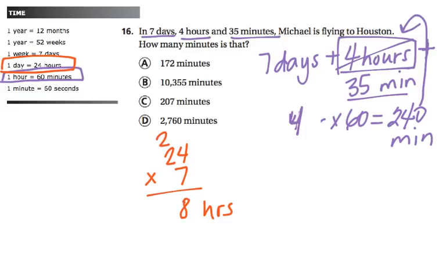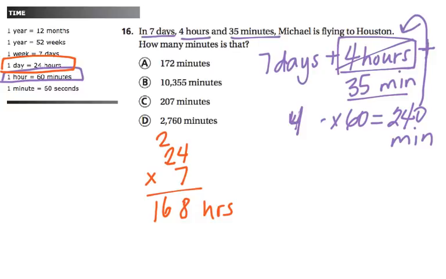I carry my 2. 2 times 7 is 14, plus 2 is 16. All right, so that's 168 hours. That is the same thing as 7 days. But now I need to convert this 168 hours into minutes.